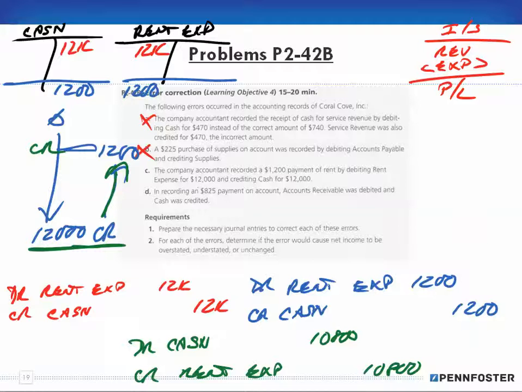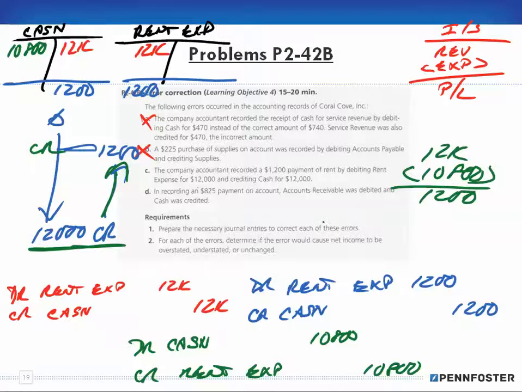Well, remember, when we're figuring out the balance, we take our debits less our credits, and whichever one's greater. And we already know that the amount is $10,800. But if I put the $10,800 on the credit side, I'd be adding $10,800 to $12,000, so obviously that's not right. I have to put the $10,800 on the debit side. So I have 12,000 less 10,800, which gives me the balance of $1,200.